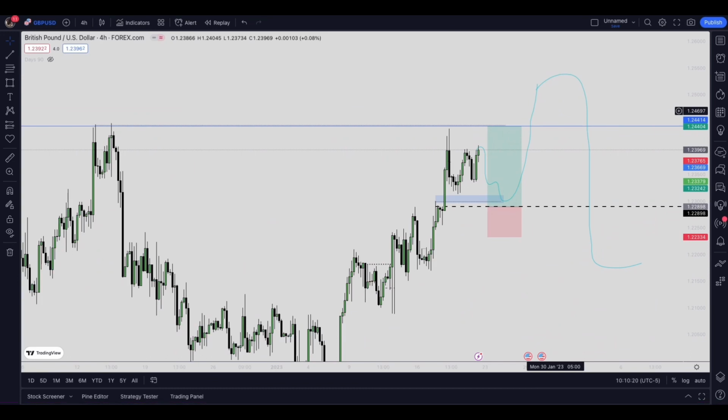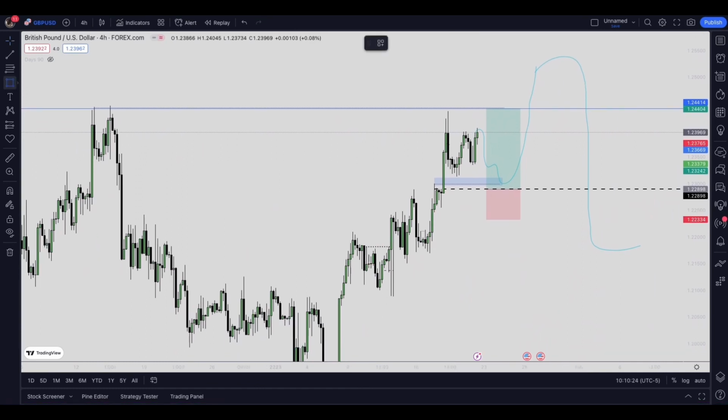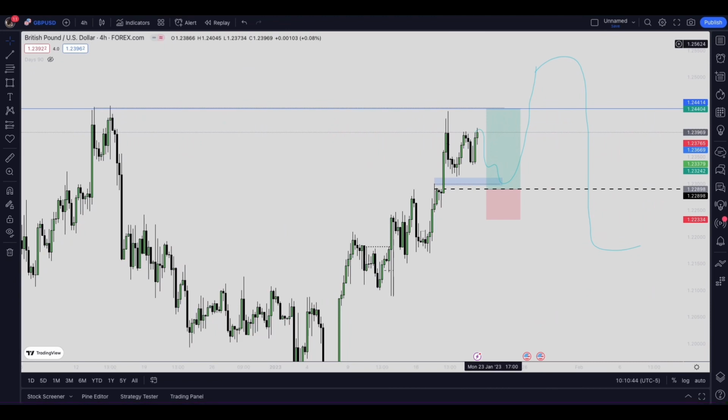We could retrace to this fair value gap, but anything below is pretty low probability that it will retrace down, because as you can see, like I thought, this is a high resistance area and we will not see price running that area. So my entry is of course at this order block.